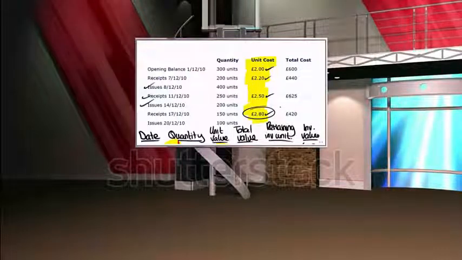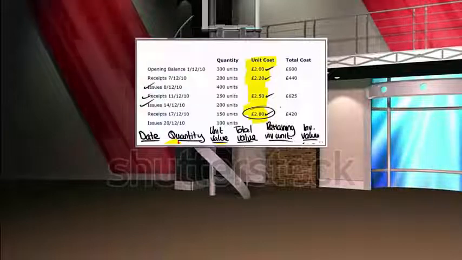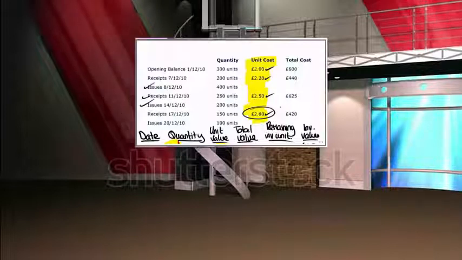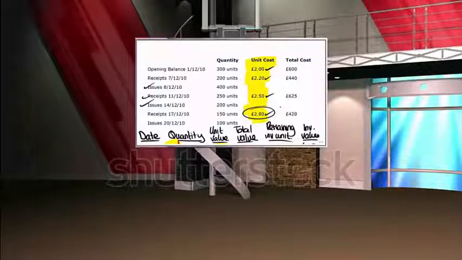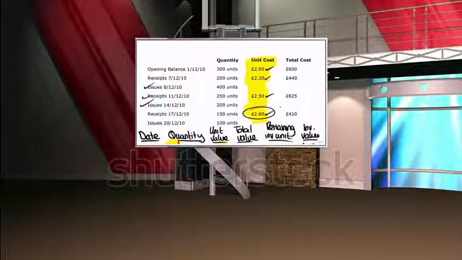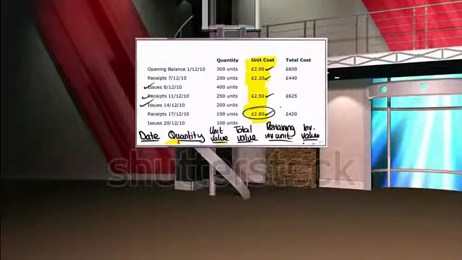Under the LIFO method, we issue the most recently purchased units, which means at the end of the month we have a mixture of units left over in the warehouse, and it is likely that we will be left with some very old units in our closing inventory.